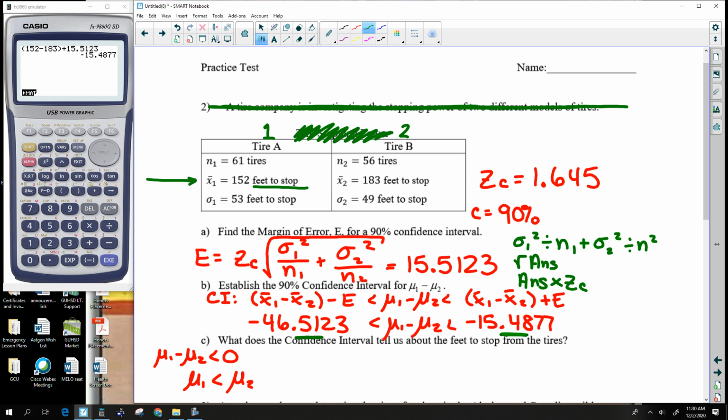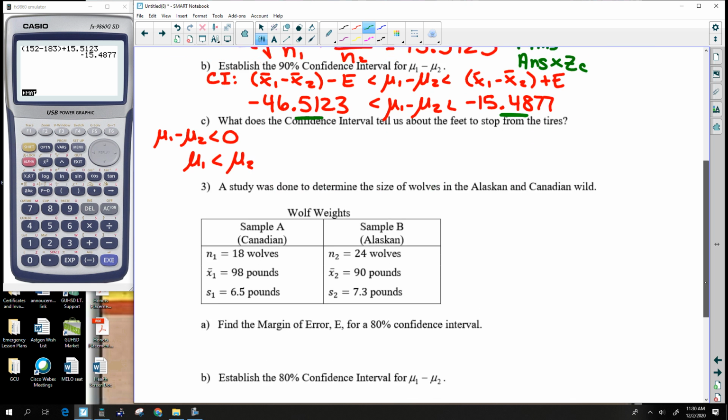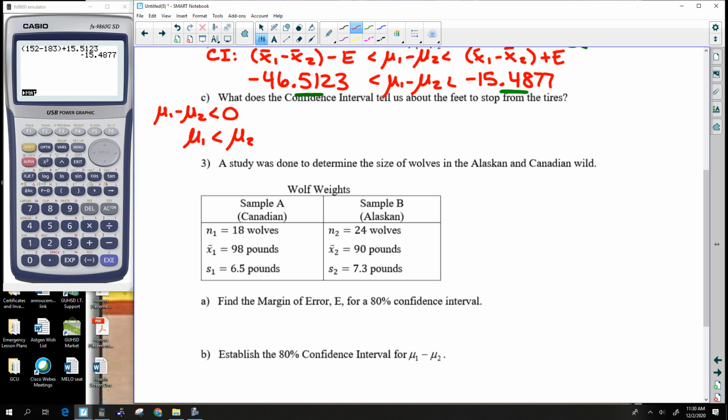So the average feet to stop of tire A is less than the average for tire B. So I'm just describing what this is.